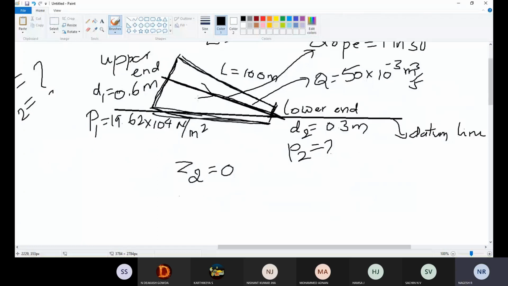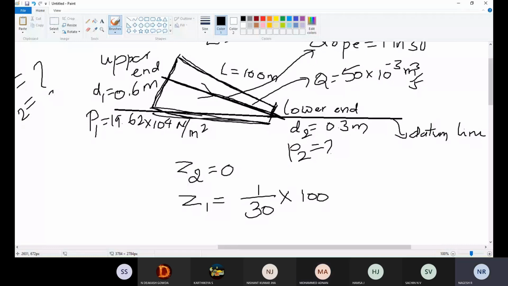I can take Z1 as 1 by 30 into the length of the taper pipe. What is the length of the taper pipe? 100 meter.